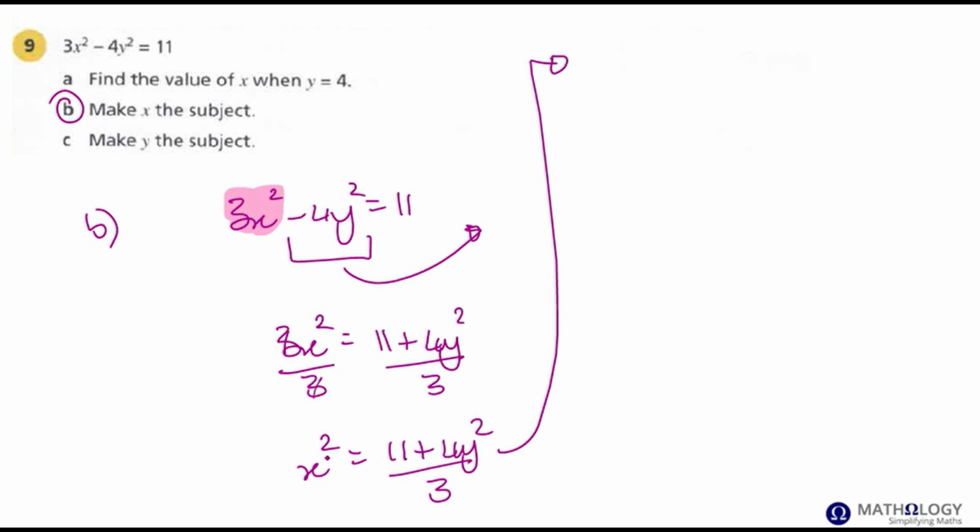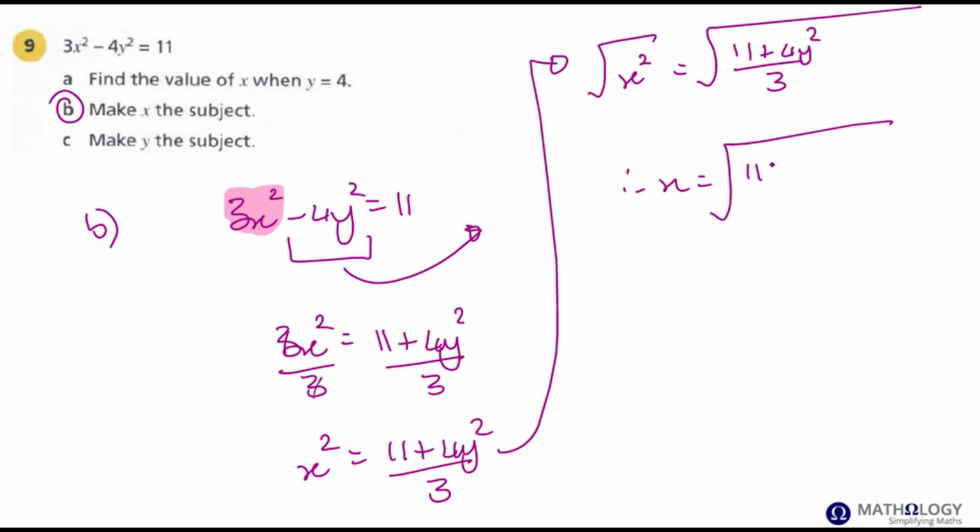Now, because we have x squared, we're going to square root both sides. So the square root of x squared equals the square root of (11 plus 4y squared) over 3. Therefore, x equals the square root of (11 plus 4y squared) over 3. Now it makes sense to evaluate x when y equals 4.